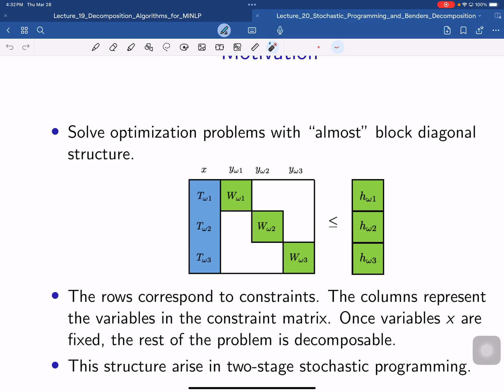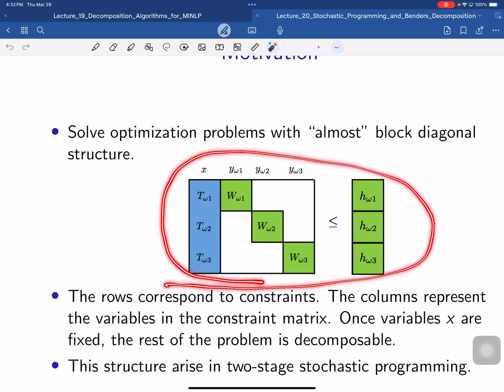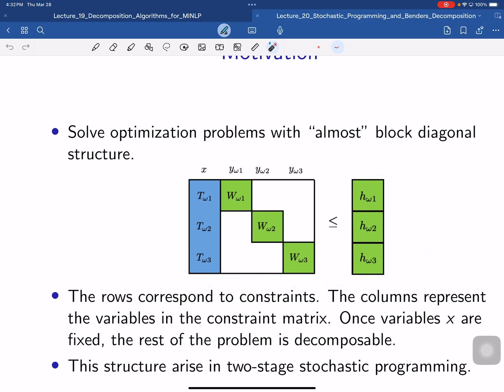You can regard this whole thing as all the linear constraints in the model, where if it is colored, that means the entries are non-zero. You can regard those blank entries as zero entries in this constraint matrix, right? And each row of this matrix corresponds to a constraint, and each column corresponds to a variable, right? So the variables here include some x variables, y omega 1, y omega 2, y omega 3, right?